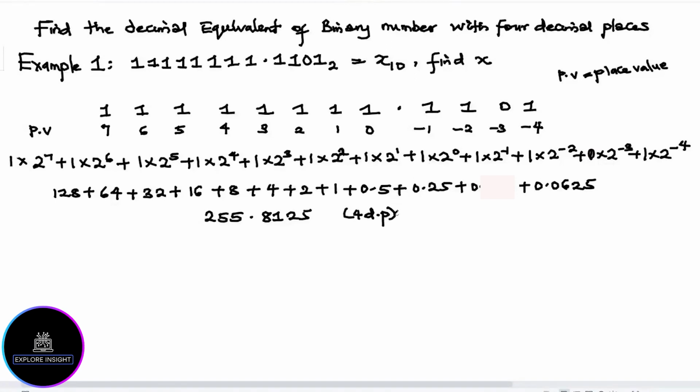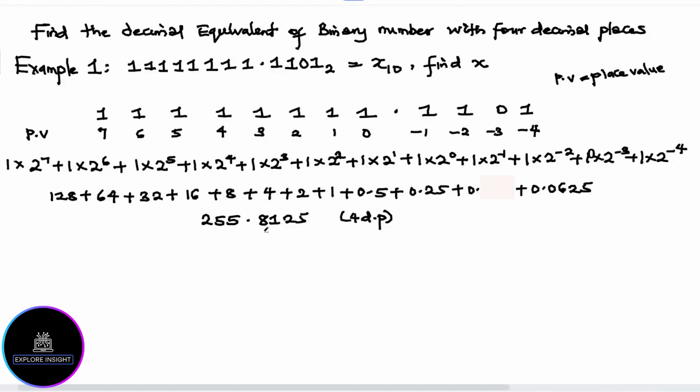So in a situation where your options are in decimal form and the decimal places are really specified, take note of the decimal places. If I'm to write in 3 decimal places, I'll just consider the 3 values after the dot. And for 2, I just consider this 8 and 1. Whereas for 1 decimal place, I just consider 255.8. So take note of that. So what do I mean?